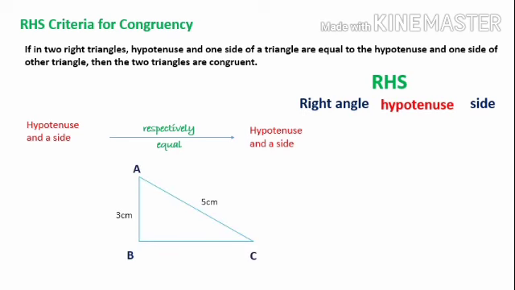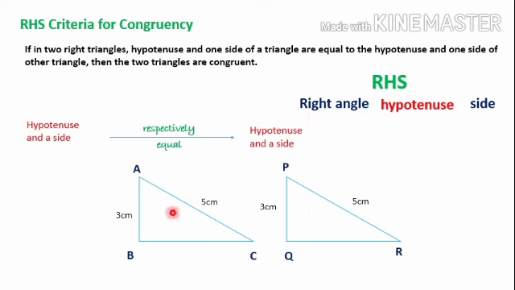Let's visualize it. Consider a right angle triangle ABC. AB is marked 3 cm and AC is marked 5 cm. Another triangle PQR, that is also right angle triangle, and PQ is marked 3 cm, PR is marked 5 cm. Here the first case, that is right angle triangle.